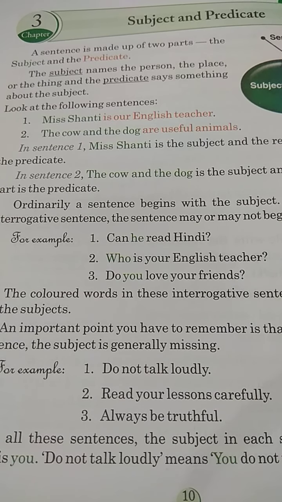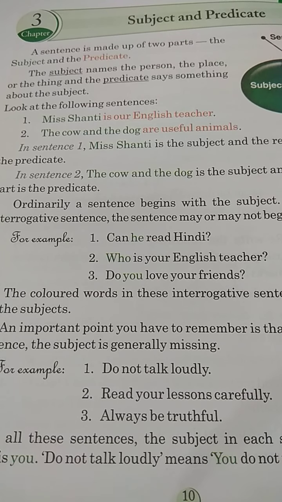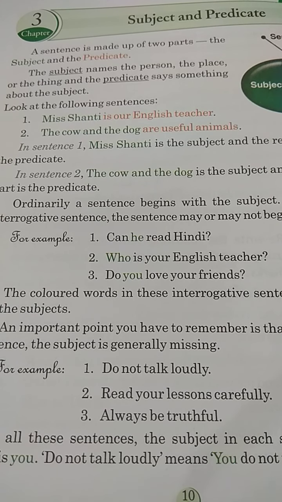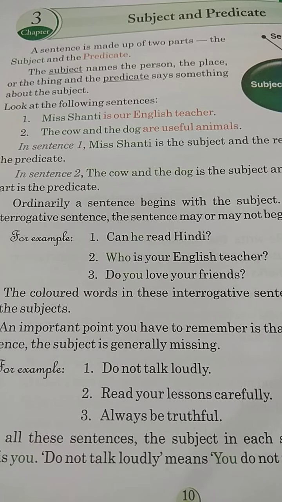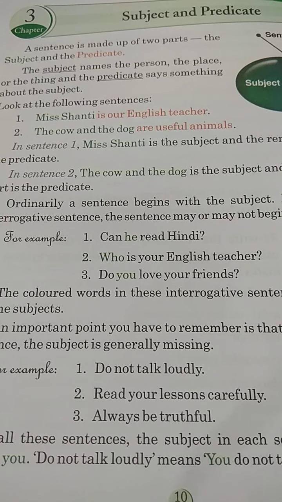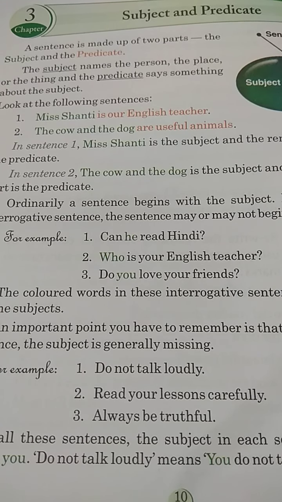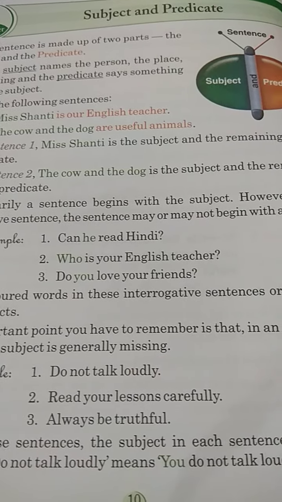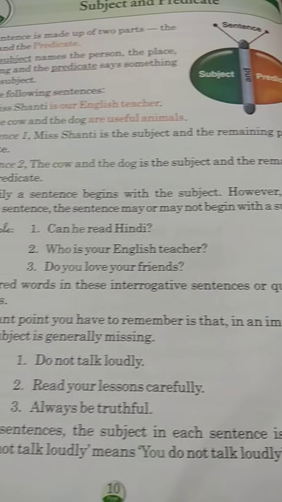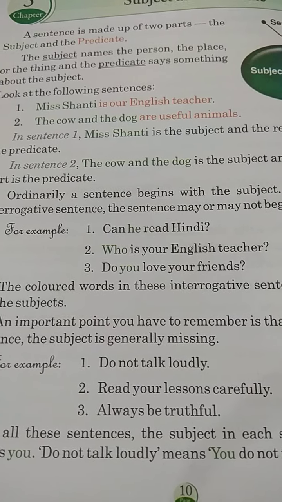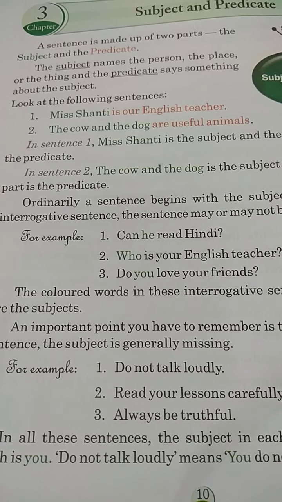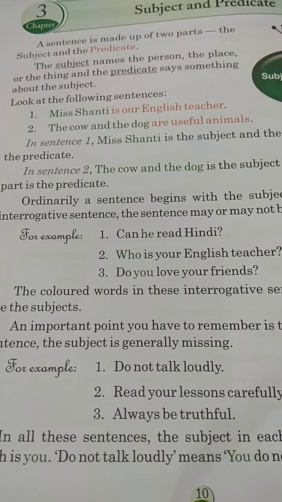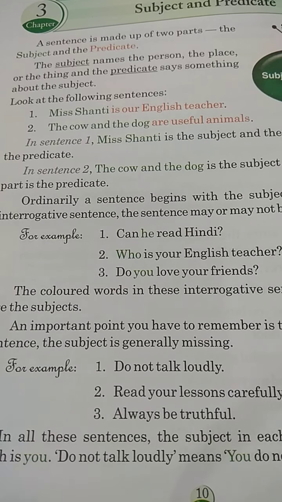Miss Shanti is our English teacher. The cow and the dog are useful animals. In sentence 1, Miss Shanti is the subject and the remaining part is the predicate. The remaining part, is our English teacher, says something about Miss Shanti.